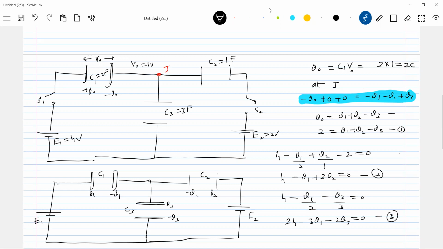How many unknowns are there? 1, 2, 3. Yes, we'll get 3 equations, 3 unknowns. Solving them, we'll get the required answer. Now don't go for, let it be charge in all places, let it be different. Now we'll trace out the charge. I think we have to solve these 3, no other way.